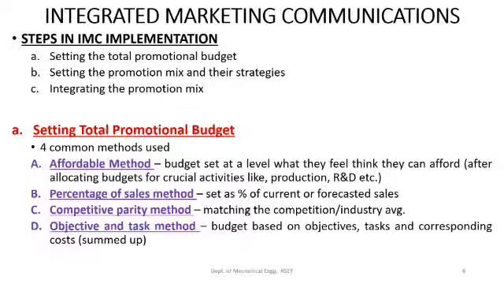What are we trying to achieve by communicating messages? Are we trying to develop awareness? Are we trying to convince customers to make a purchase? Based upon our objectives, we might have to carry out various tasks, and in carrying out these corresponding tasks, there are costs involved. So the total budget is based upon the objectives, tasks, and the corresponding costs.